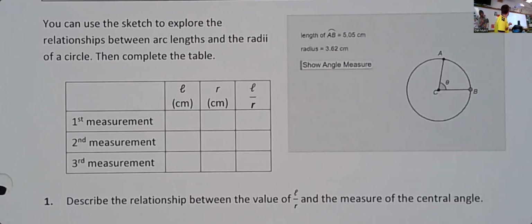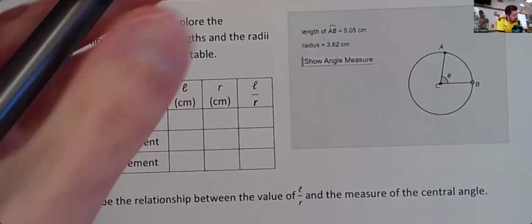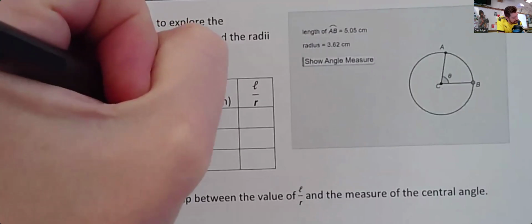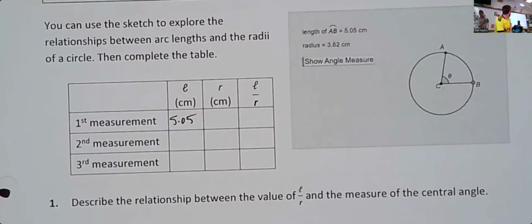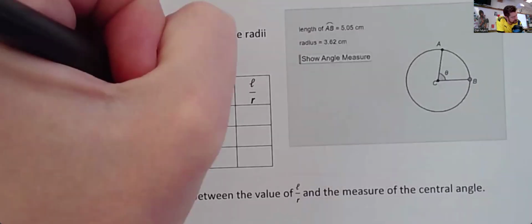So for the first measurement, we're just going to use this up here. The L is for the arc length, which tells you that it is 5.05. So we're just going to write 5.05. And we're going to write the radius, which looks like 3.62.